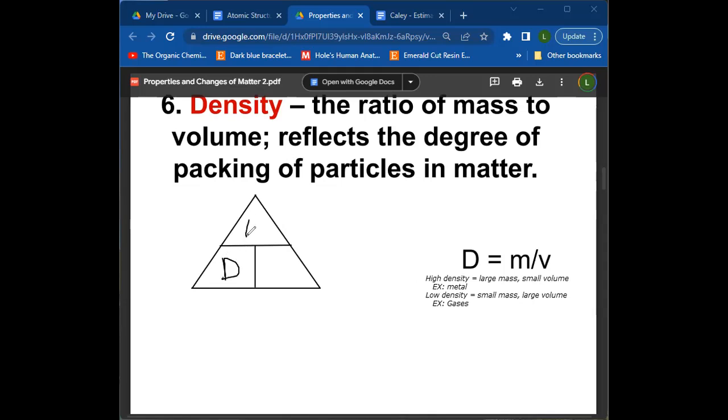Okay, now there is a little memory trick that we can use. First of all, we have D, M, V. This bar means division, and this bar means multiplication.